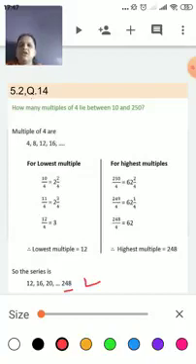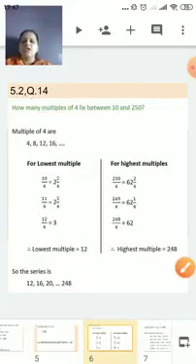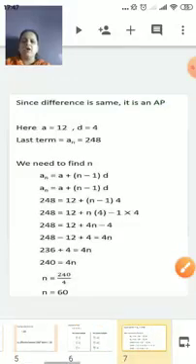So this is nothing but an AP, and what is asked? Come back to your question, how many multiples. So we want to find in this AP how many terms are there. How many terms means we want to find the number of terms, that is nothing but the n value. Let us see how to find it.